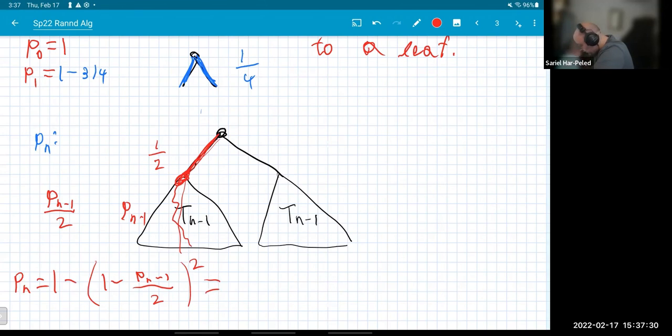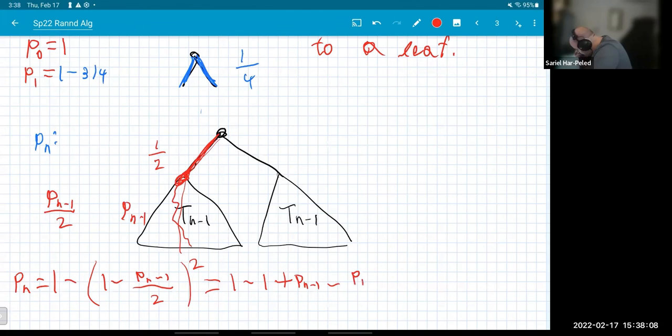And now you can do some arithmetic, so let's do it, because there is no reason to fear. Oh, it's not 2. It's pH minus 1, right?